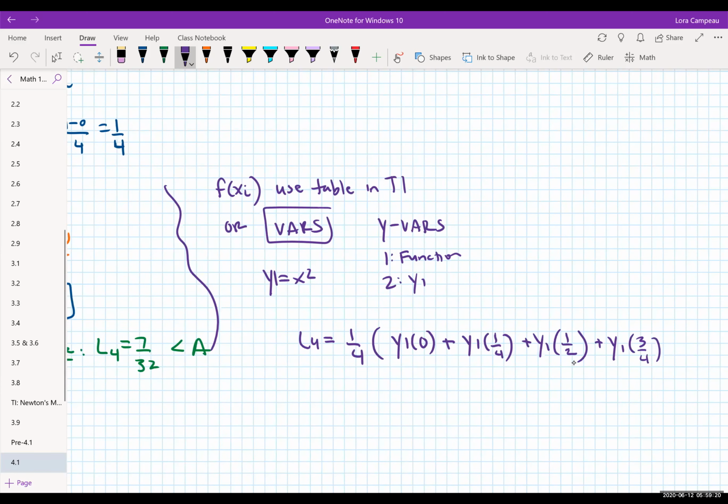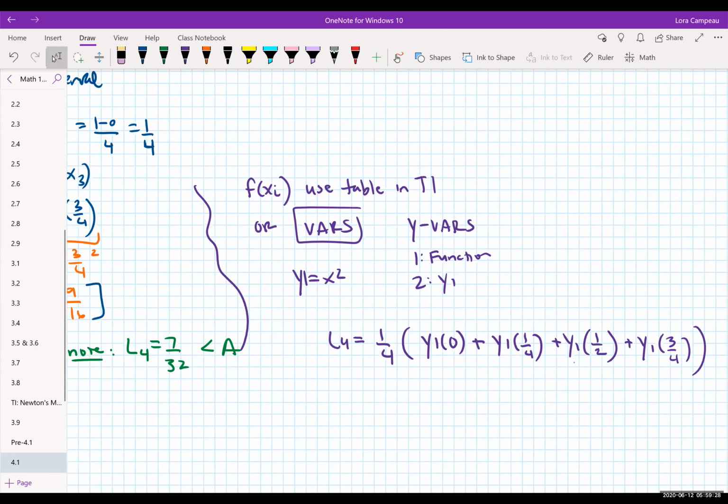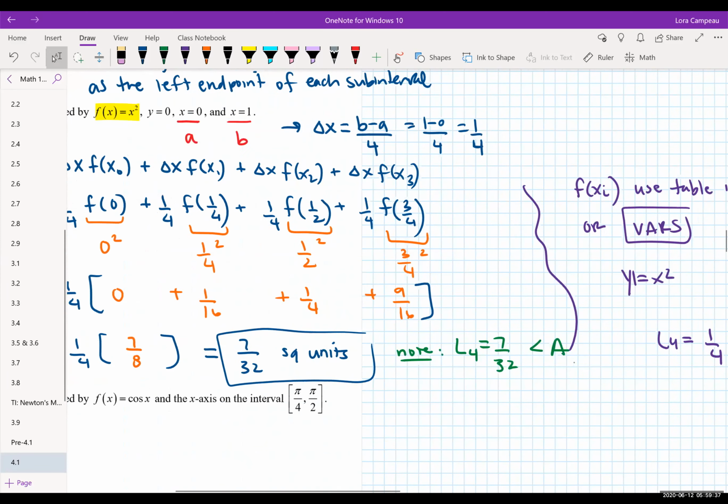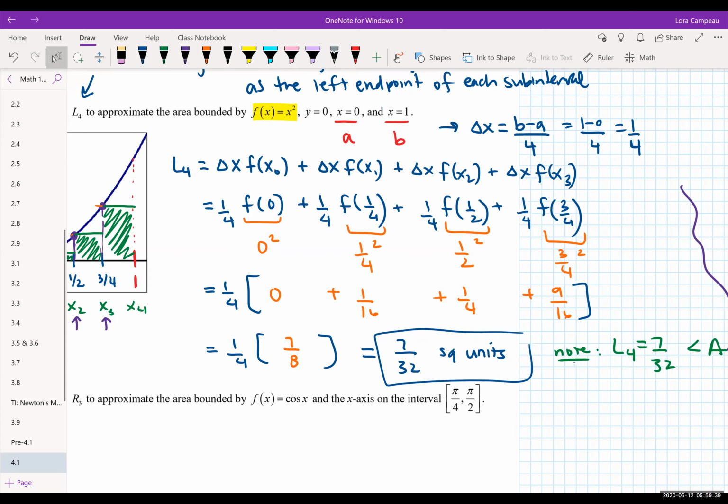Sometimes that saves a little bit of time and you can see what works out. It also could give you a quick way to figure out R4 if you're interested. And it's okay, whatever works for you. So feel free to explore that to get yourselves maybe a quicker way to find your L4.